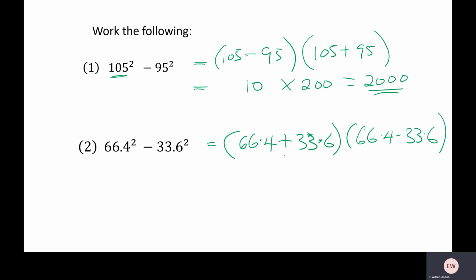Yes. And this one gives us 100 times this one will give us 32.8. And if you multiply this by that, you are going to get 3,280. So this one has been solved without a calculator.